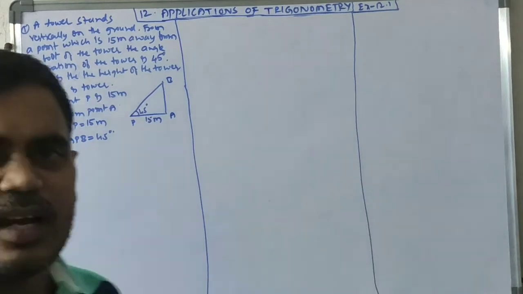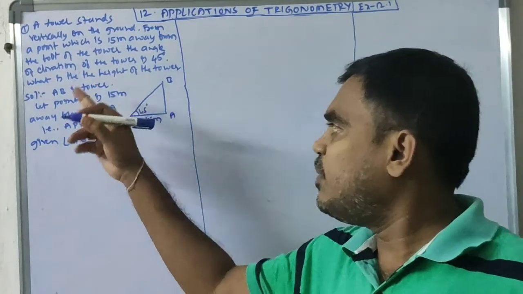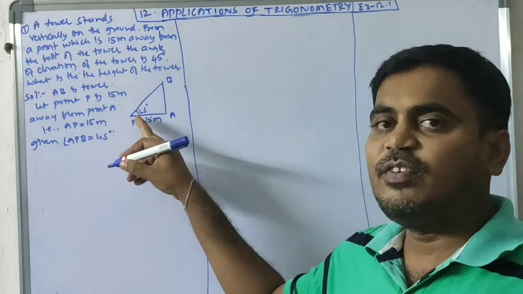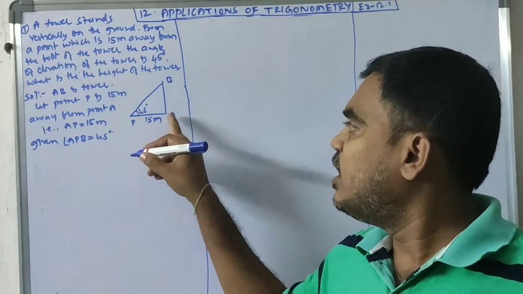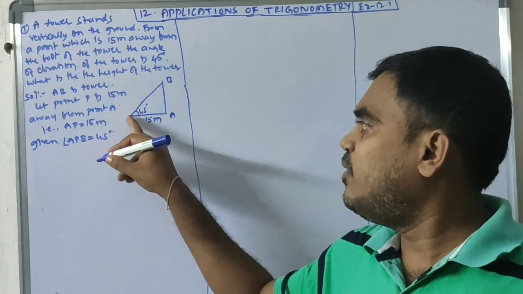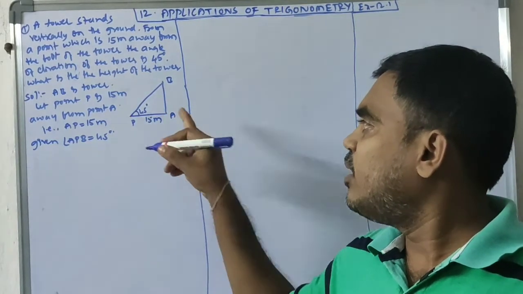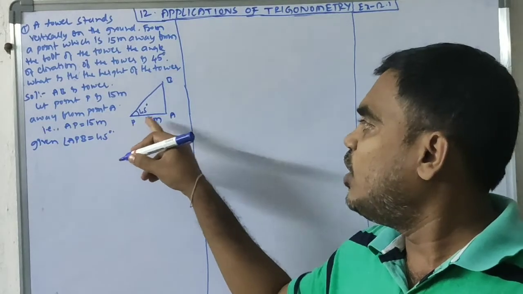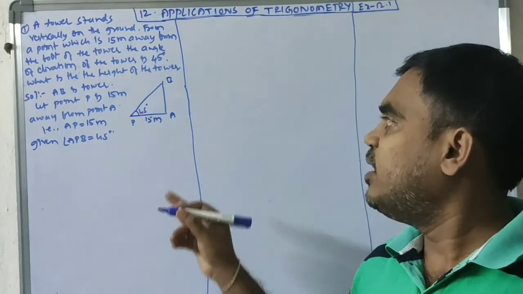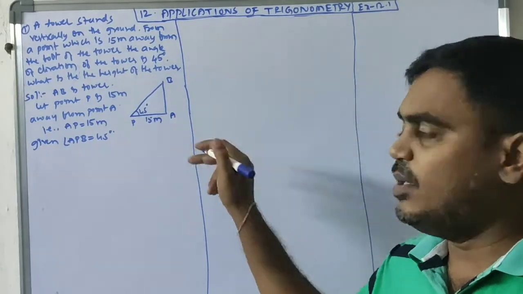So the diagram and information are required, we must write them. Now we need to find AB.